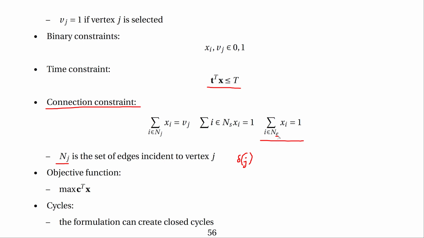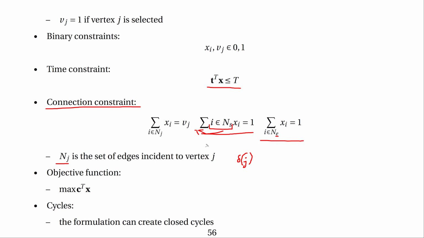For the end node E, we would like to make sure that there's exactly one edge that is connected to it, because the end node has to be reached, and there shouldn't be an edge leaving the end node. Similarly, for the starting node, we would like to make sure that there's exactly one edge connected to it. So this needs to be moved under here.